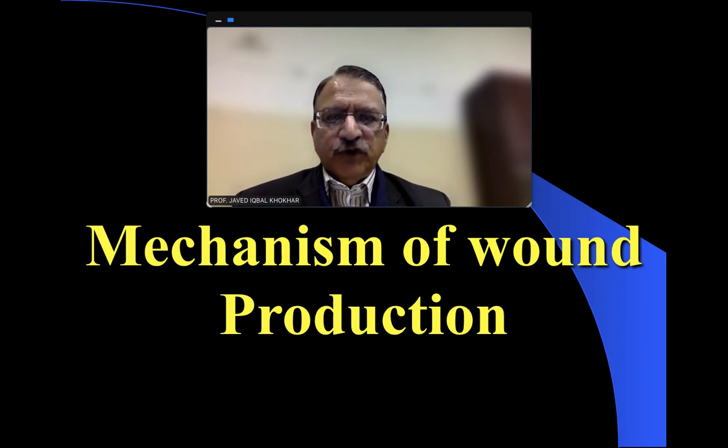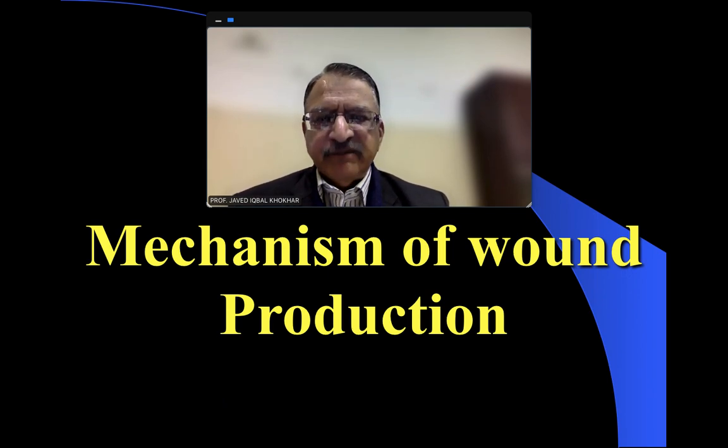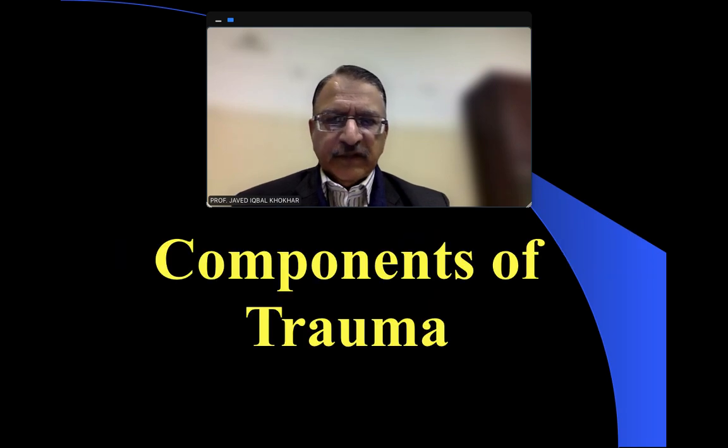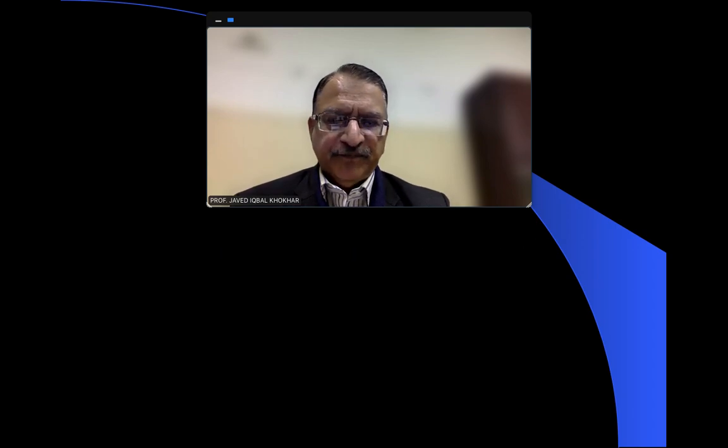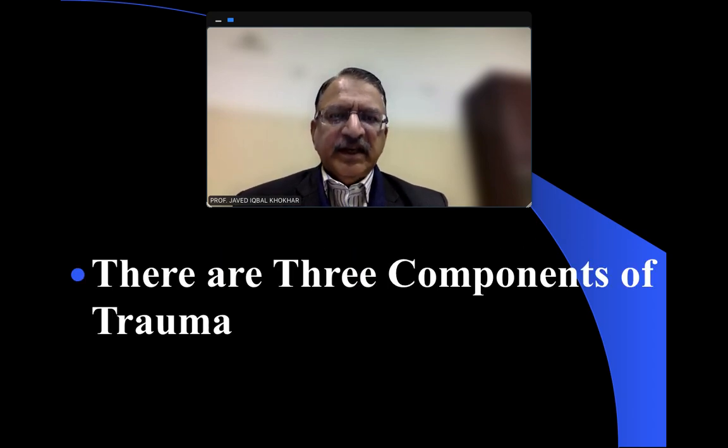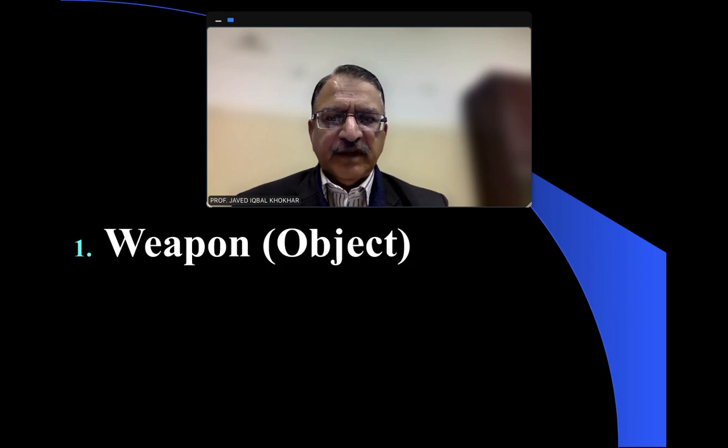Now, we talk about the mechanism of wound production. For it, we should understand what the basic components in the causation of trauma are. There are basically three components which are responsible for causation of trauma. The weapon, that is the object.